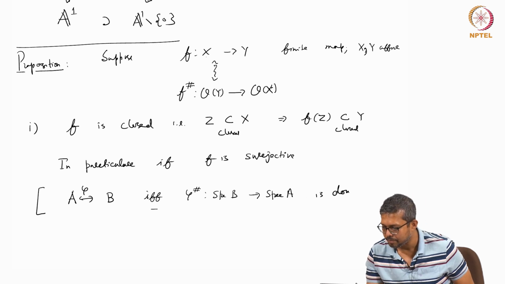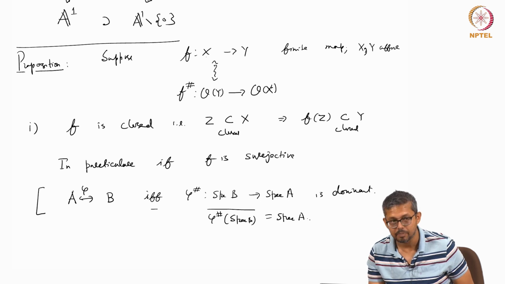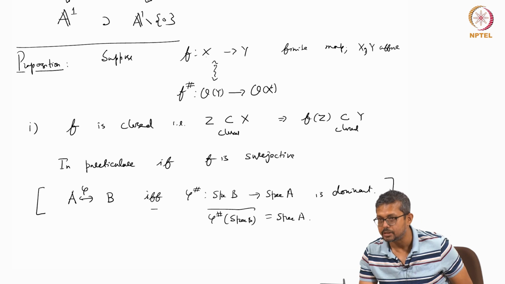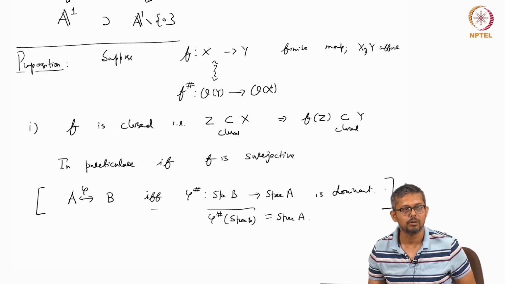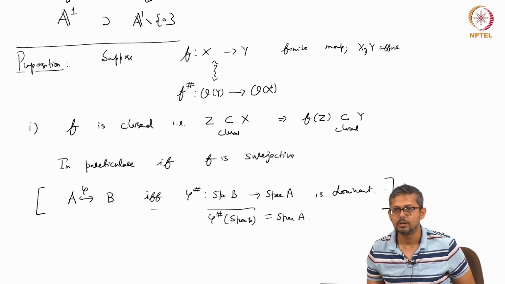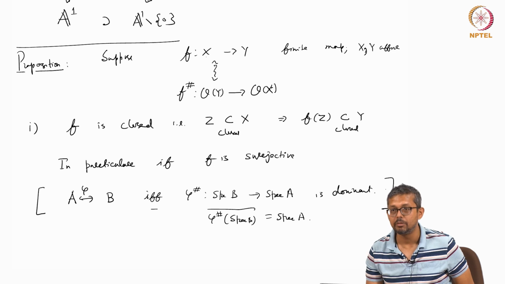Dominant means the closure of the entire image is Spec A. This is the exercise in the first chapter. I think it was in the first or second chapter. I don't remember exactly. Surjectivity of f will give injectivity of f hash. But surjectivity means it is dominant, right?